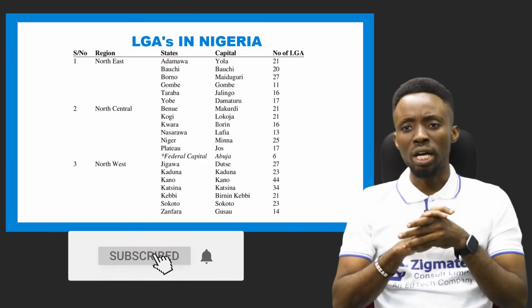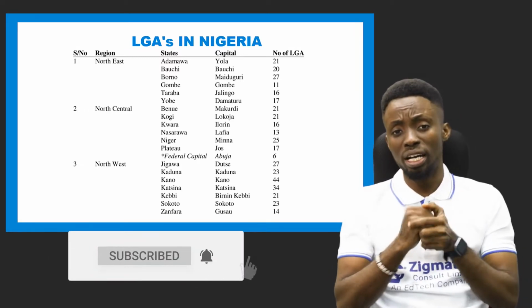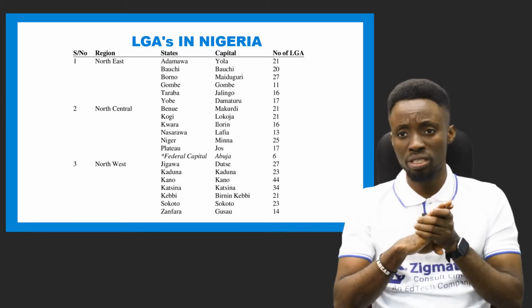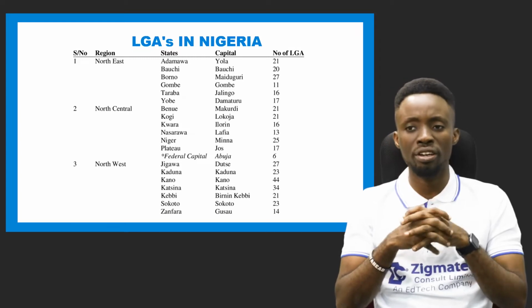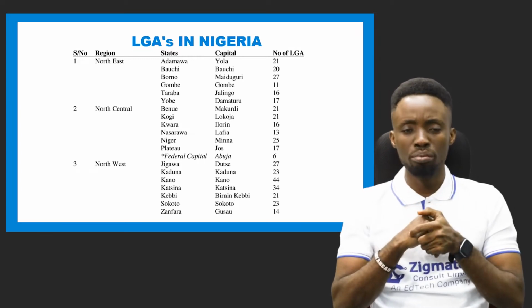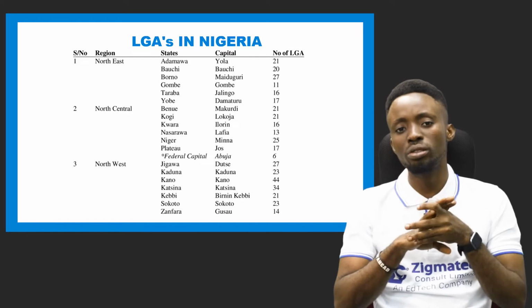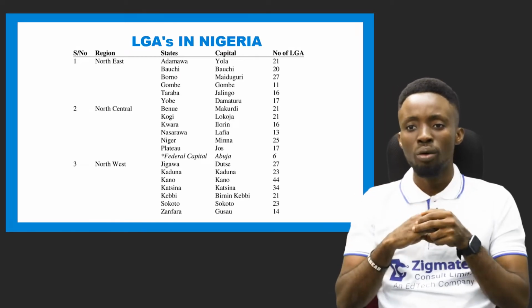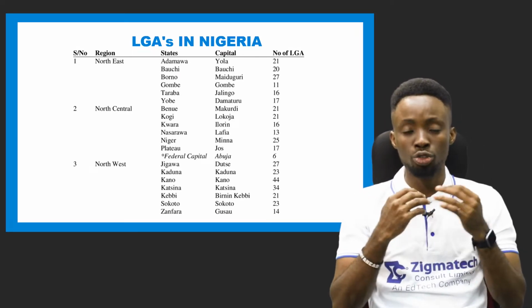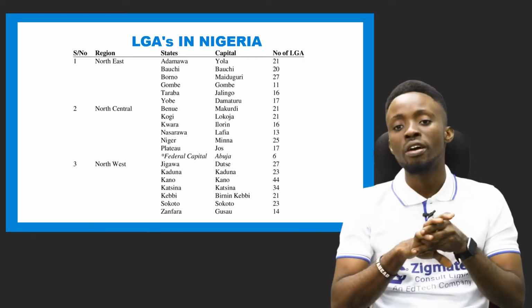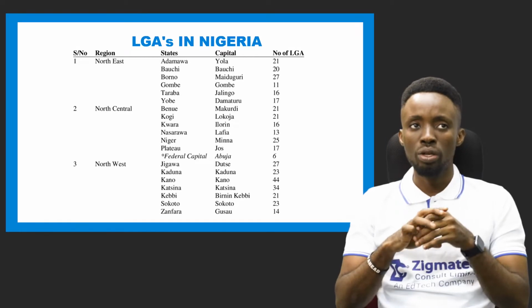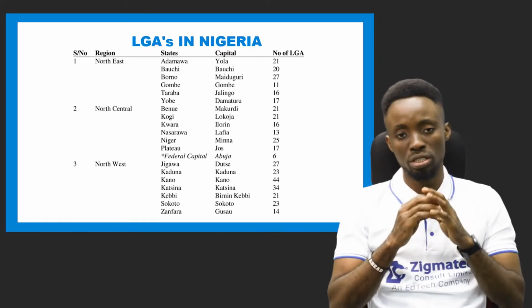Now, if you look at Adamawa, for instance, Adamawa has 21 local government areas, while Bauchi has 20 local government areas in that state, and Borno State has 27 local government areas, while Taraba and Yobe have 16 and 17 local government areas respectively.